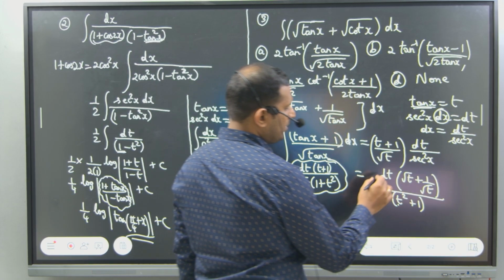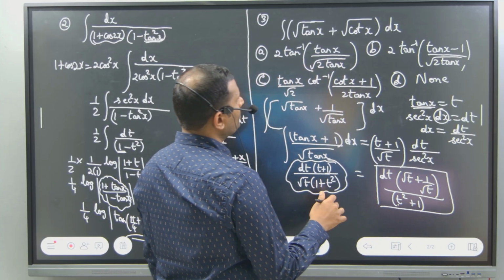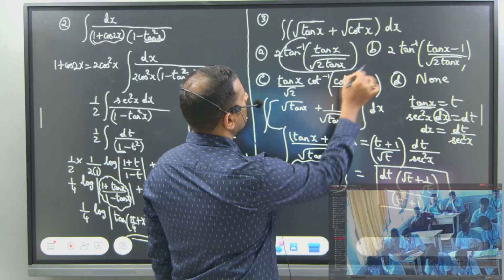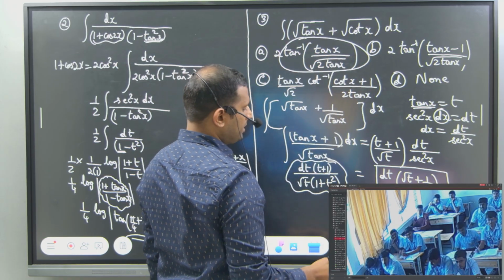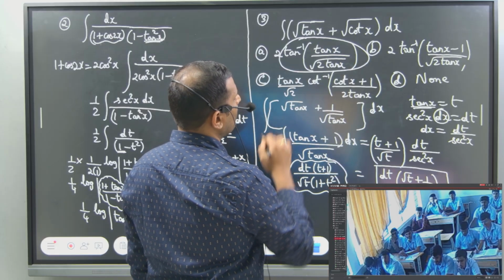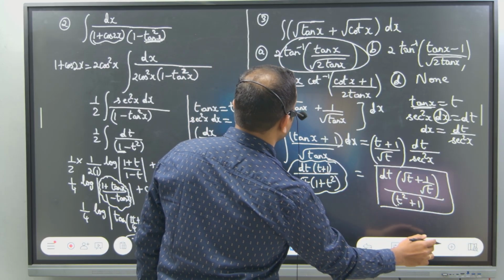Okay, so maybe in such a case, one option is we can differentiate the options and check. Let us differentiate the first option and check. Wait, let me do it on the next page.